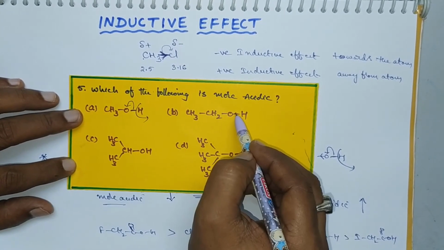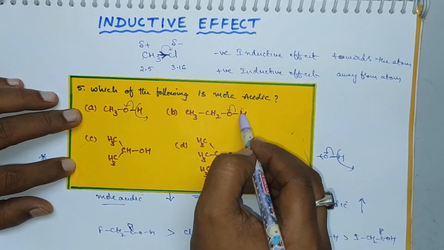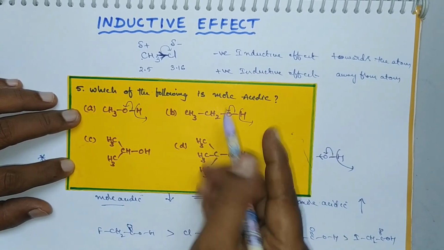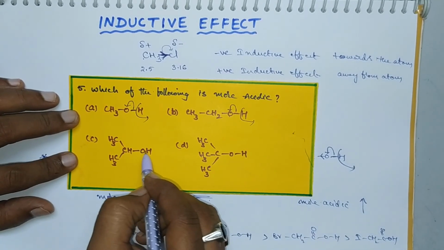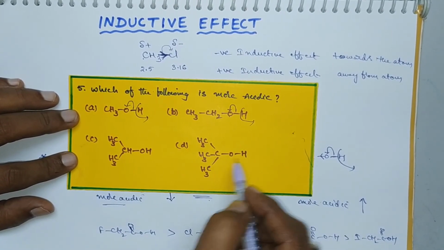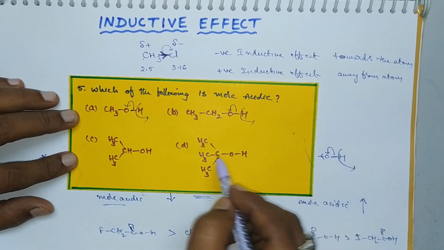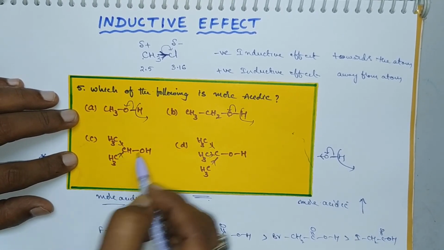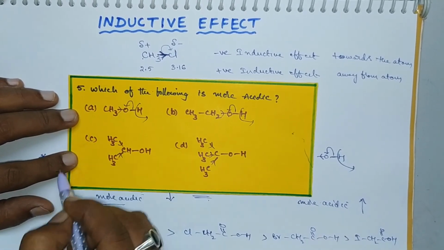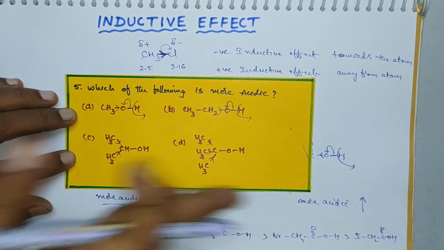Here also, because oxygen is more electronegative than hydrogen. Here also like this, and here also like this. Among these four, which can easily donate H plus ion? Here 3 plus-effect groups are there, here 2, here 1, here also 1. So the electron pumping is in this direction.